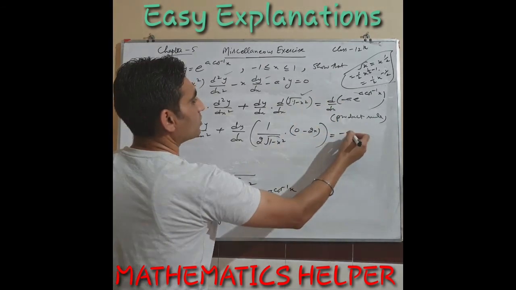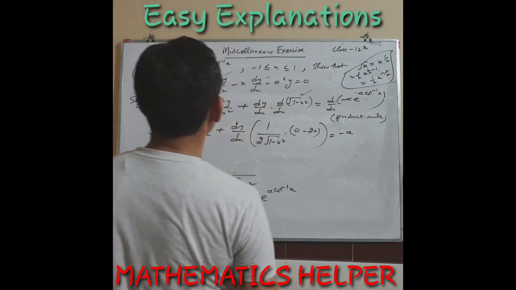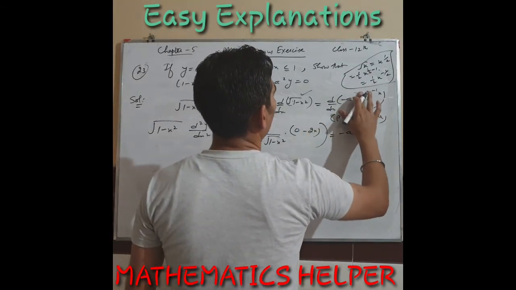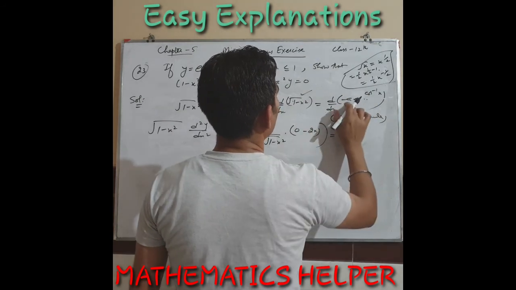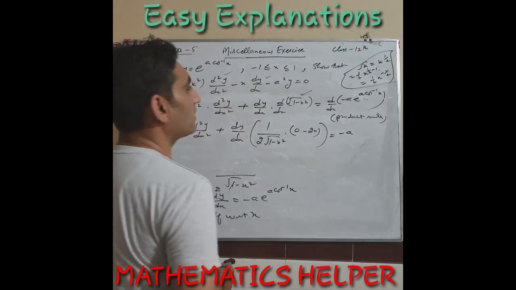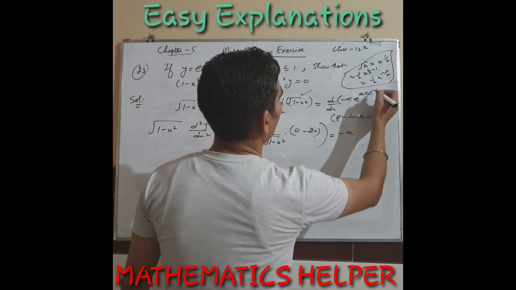Then minus a outside. Derivative of e raised to power this. E raised to power a cos inverse x. Sorry, I marked by mistake a here. It is minus a e raised to power a cos inverse x, so minus a outside. What is derivative of this?